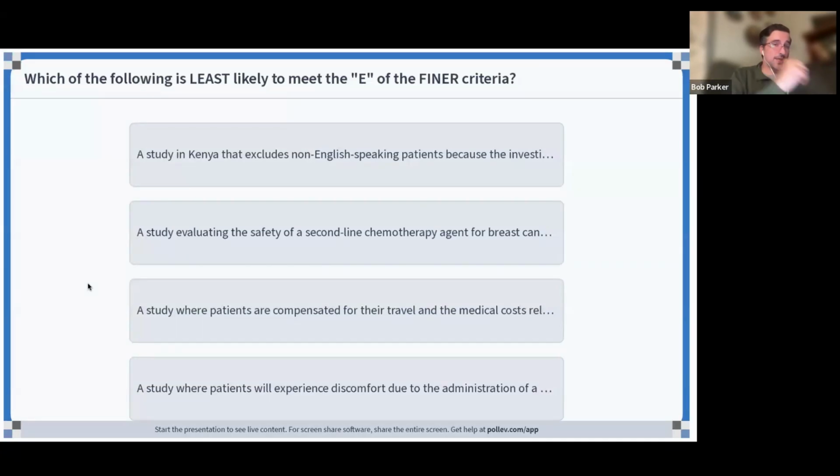A study in Kenya that excludes non-English speaking patients because the investigators only speak English; a study evaluating the safety of a second-line chemotherapy agent for breast cancer, where the medication may increase risk of VTE; a study where patients are compensated for their travel and the medical costs related to their study; or a study where patients will experience discomfort due to the administration of a new medication. All right, let's see.